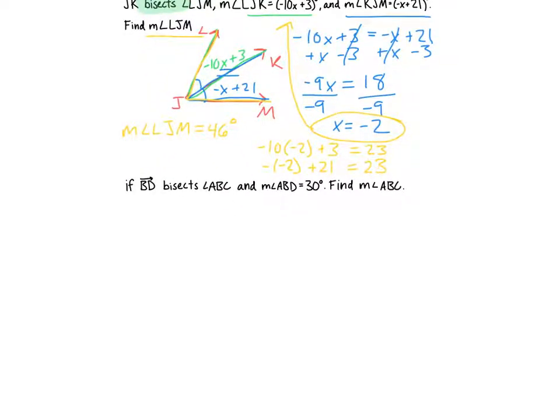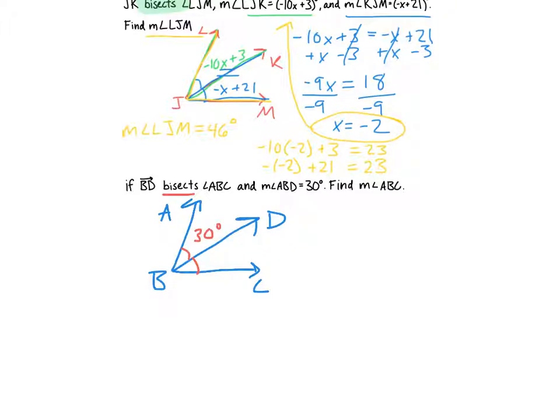So if BD bisects ABC, let's draw it out. We have angle ABC, and BD bisects it. So what do we know off the bat? They're congruent, because it bisects. The measure of ABD, so the one on top, is 30.